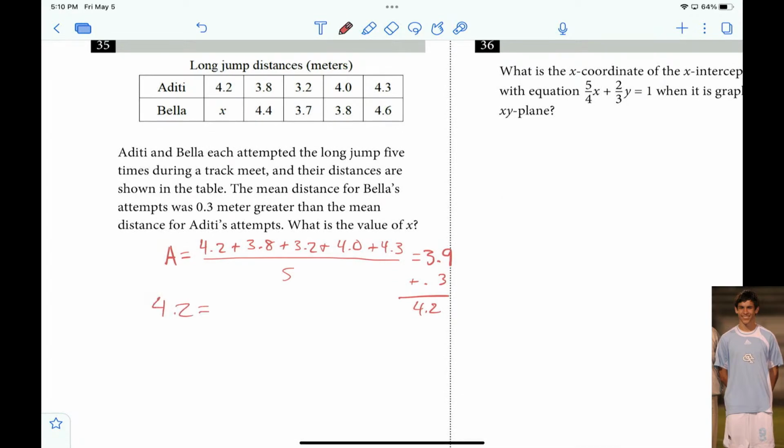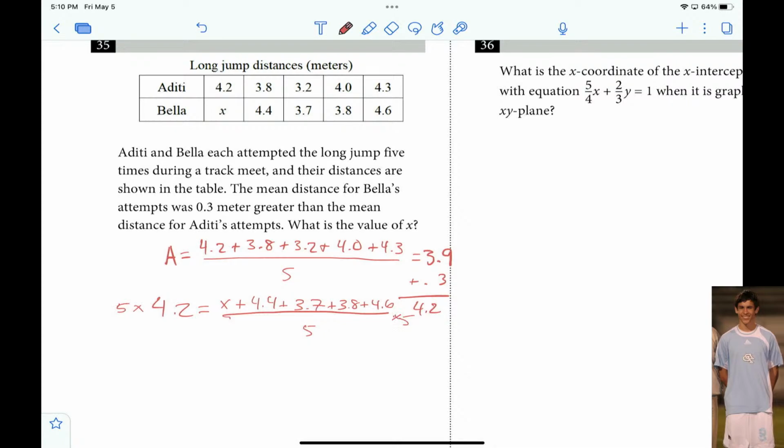So here we know Bella's mean is 4.2. And we would get that by doing X plus 4.4 plus 3.7 plus 3.8 plus 4.6 all divided by 5. So to solve for X, we'll multiply both sides by 5. I'm running out of room there, sorry. I'm multiplying by 5.